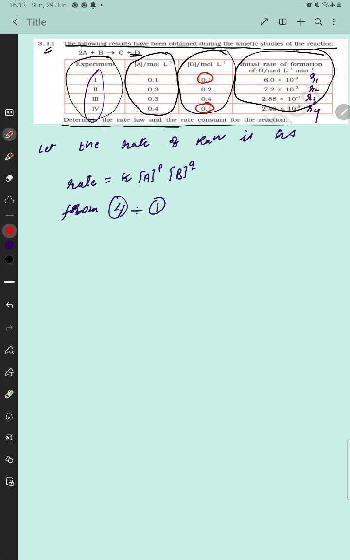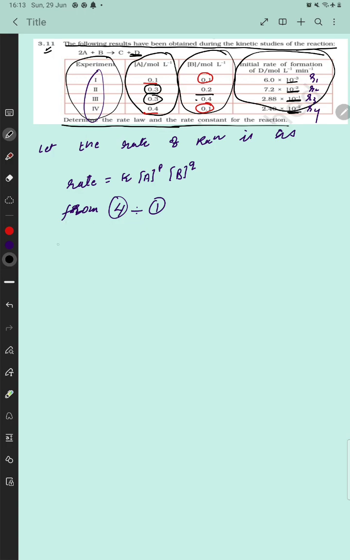So from 4 and 1 we can get the value of P, because Q will be cancelled out, and the second time we take 3 and 2 and divide them to get the value of Q. We have to divide the larger value by the smaller, so 10 power minus 2 is bigger, and similarly we divide equation 3 by 2, because it is the bigger value. This is the concept.